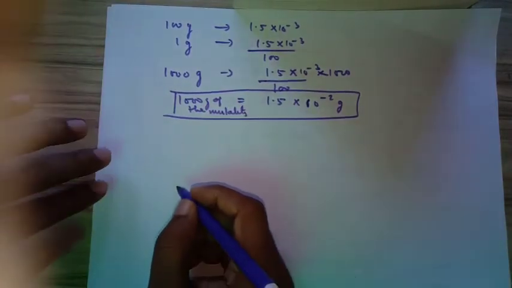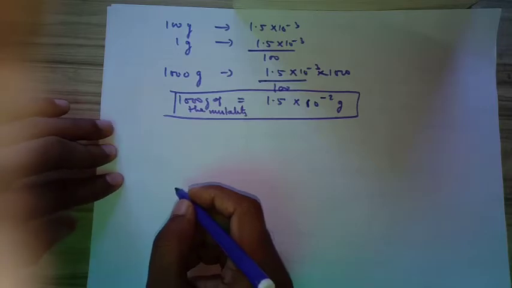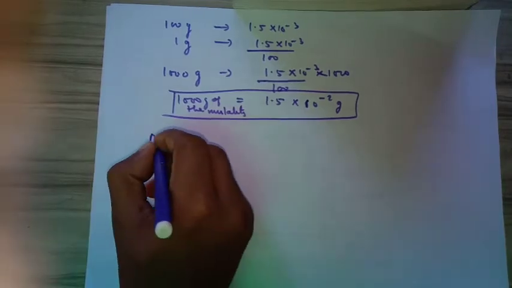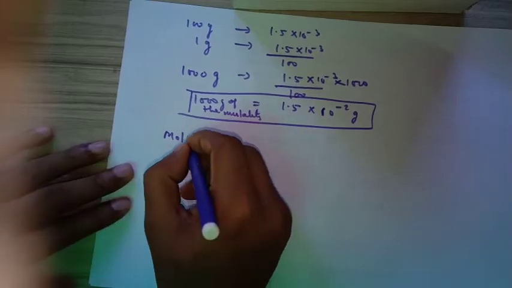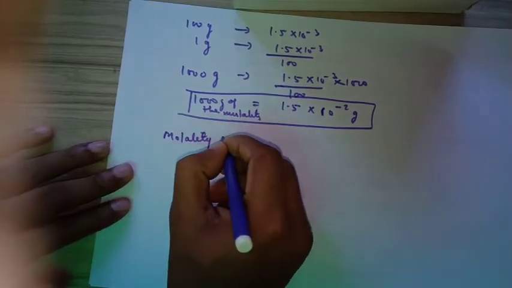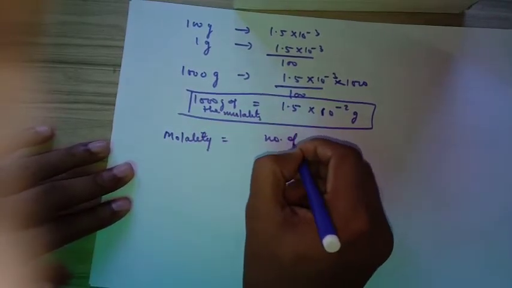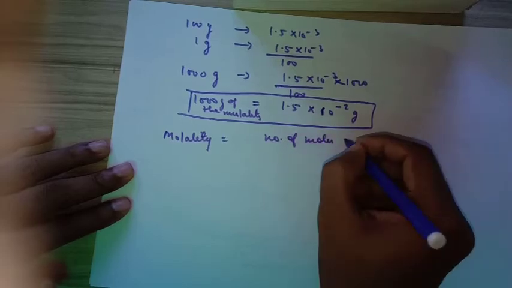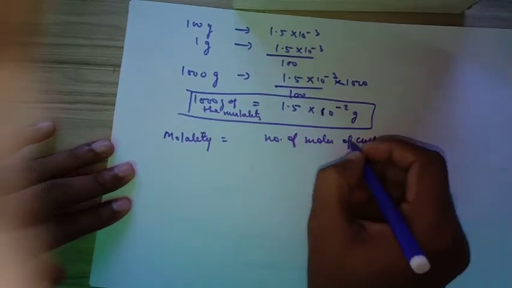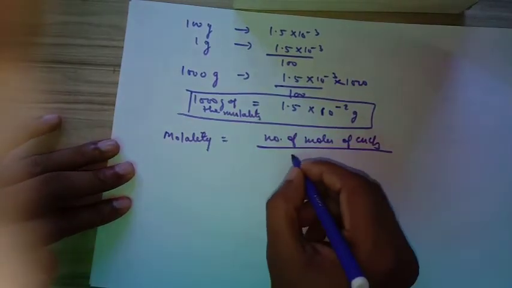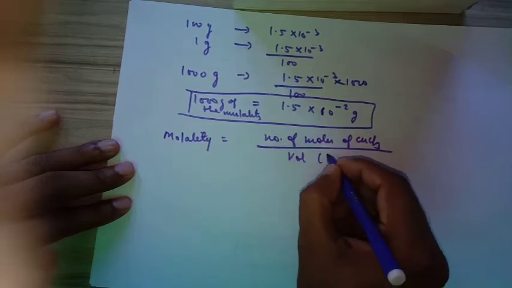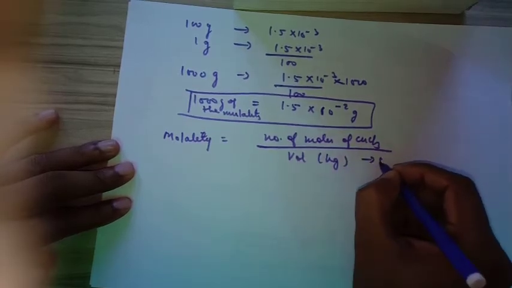So molality will be taken as number of moles of CHCl3 upon mass of solvent in kg, that is solvent.